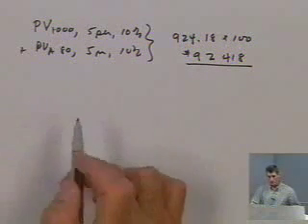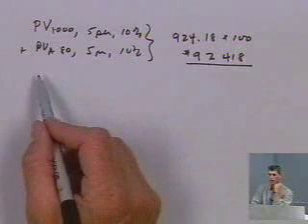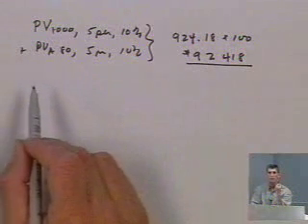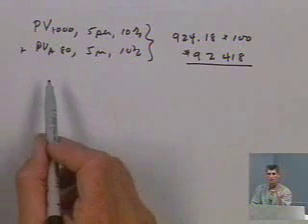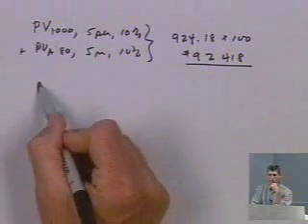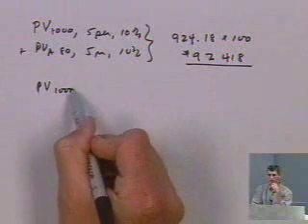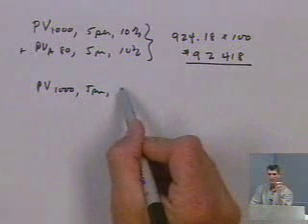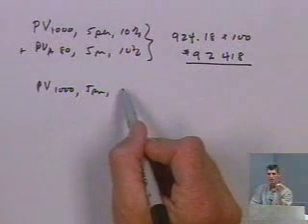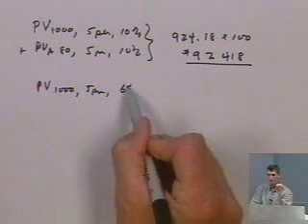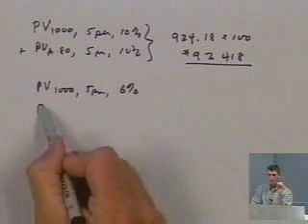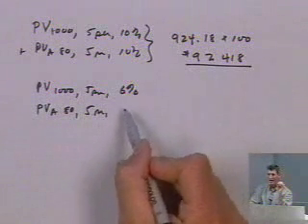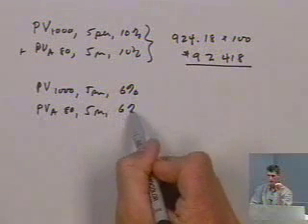Now, what is the value of the bond in the market? And again, the value of anything in the market is the present value of the future cash flow. In this case, it's the present value of the future amount, the $1,000, for 5 periods at what interest rate? The answer is at the interest rate in the market, which is 6%. Plus the present value of the annuity of $80 for 5 periods at the rate in the market, 6%.